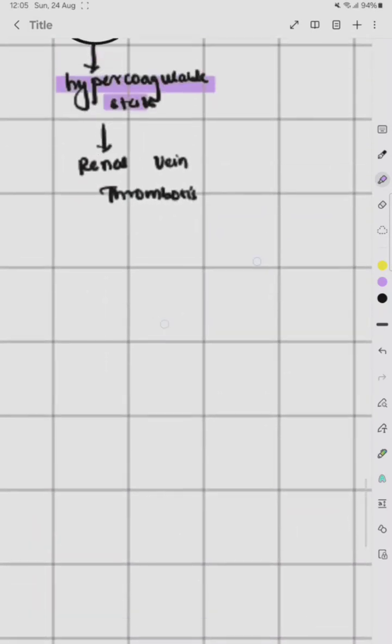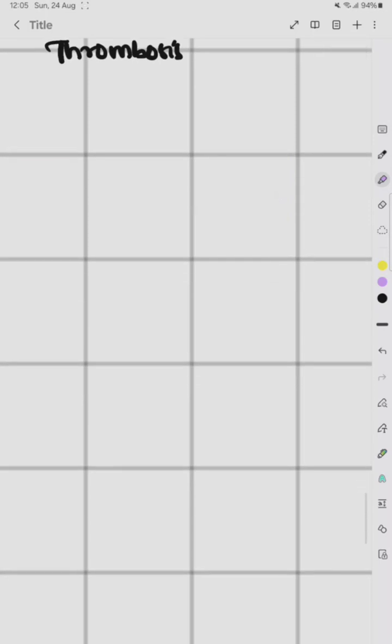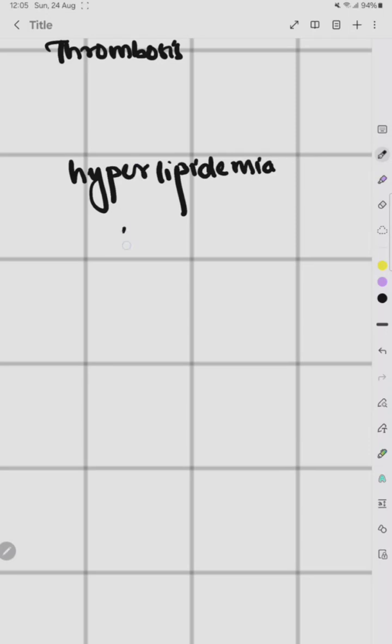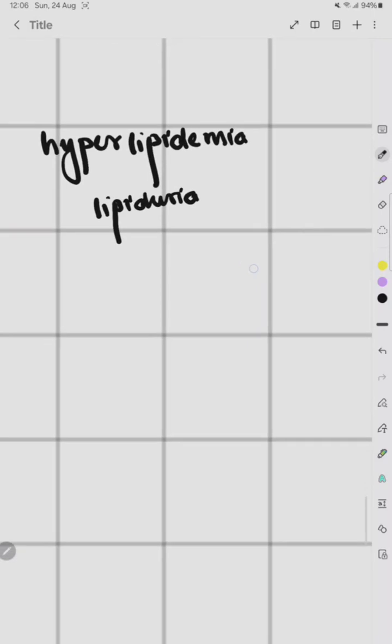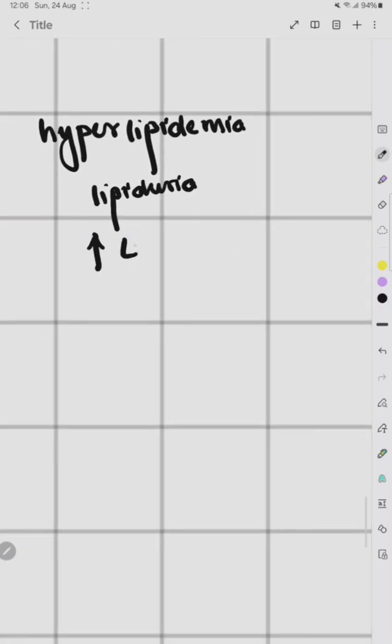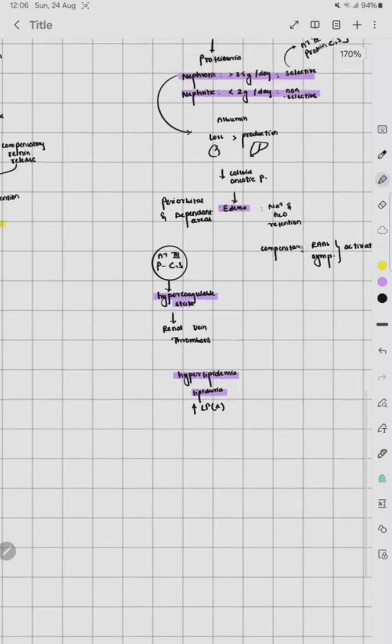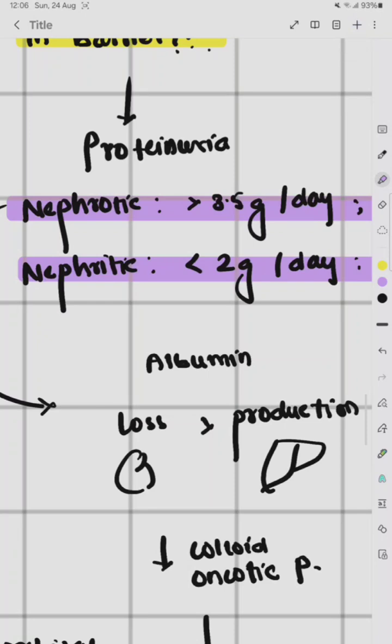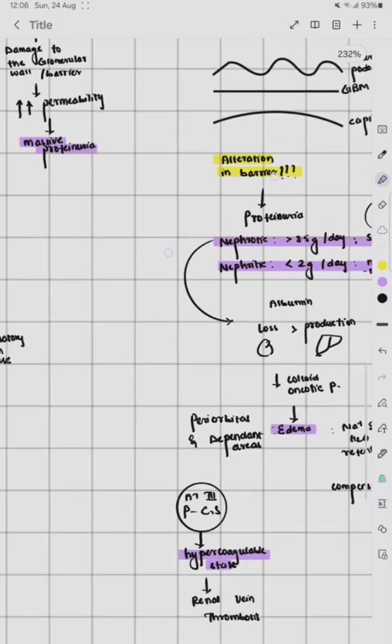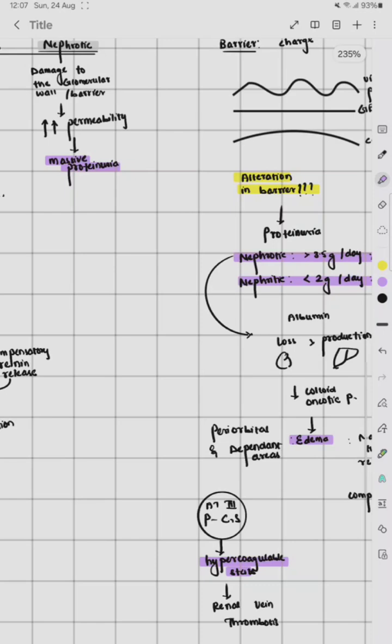A very important finding is that there will be hyperlipidemia, lipiduria, and an increase in LPA. That was it. Thank you.